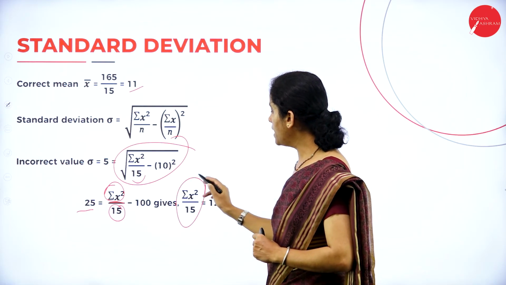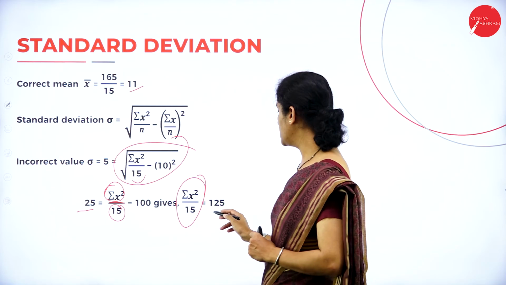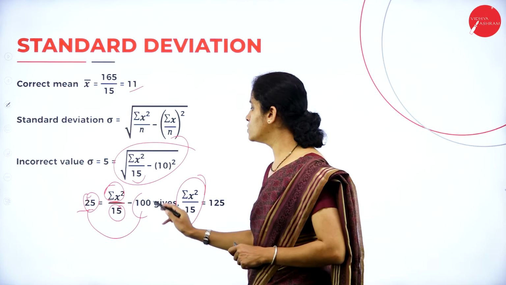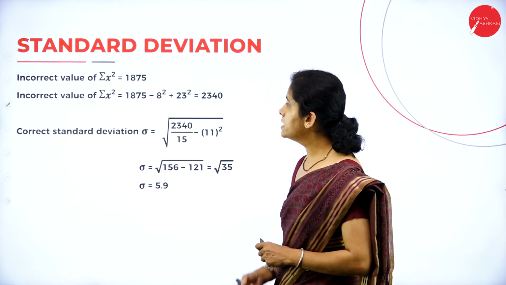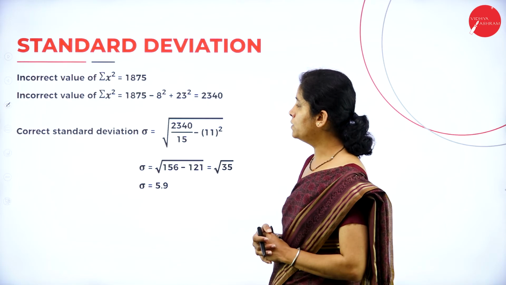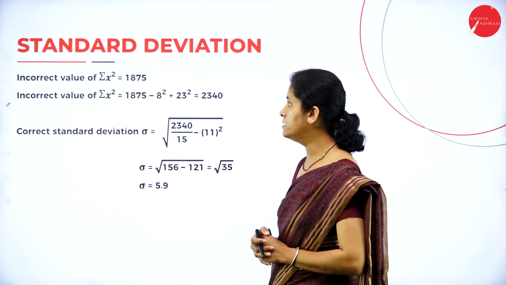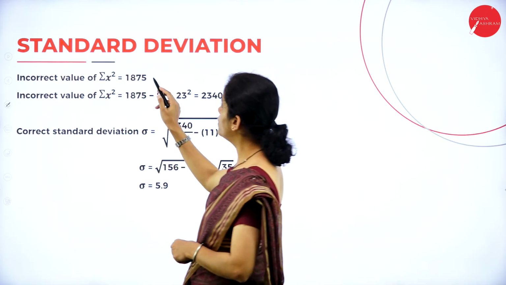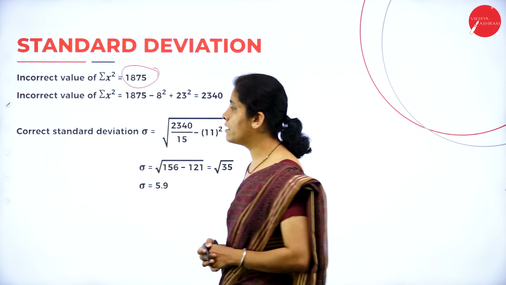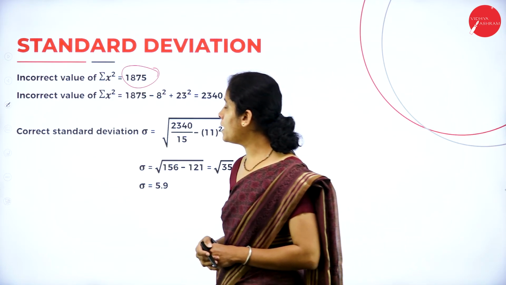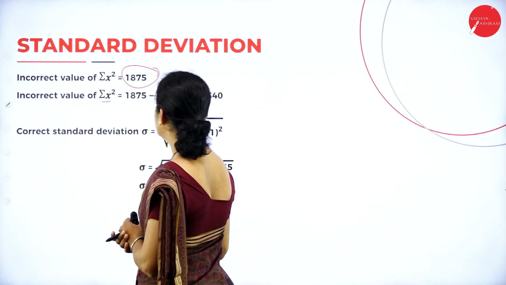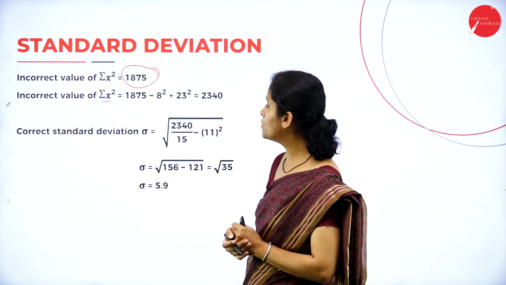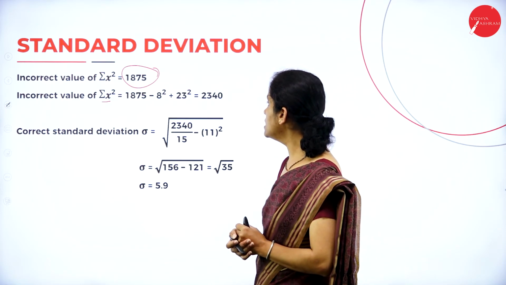That's nothing but sigma x square by 15 is nothing but 125. So I'm just going to add this. Now see here, what is the incorrect value? That is sigma x square. The incorrect value of sigma x square is nothing but 1875. The correct value is 1875 minus 8 square plus 23 square.